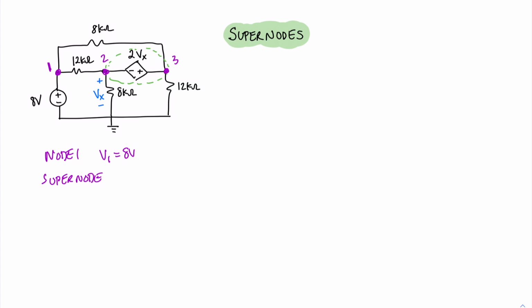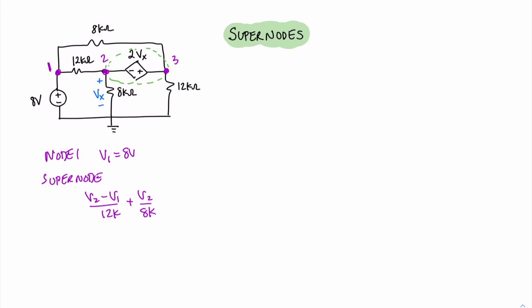For our supernode, we'll start with the side on node 2, but then we'll continue to write the terms of this equation moving over to V3, or node 3. So let's start with the first term for node 2. We'll get (V2 minus V1) divided by 12K. Then our second term is plus V2 divided by 8K.